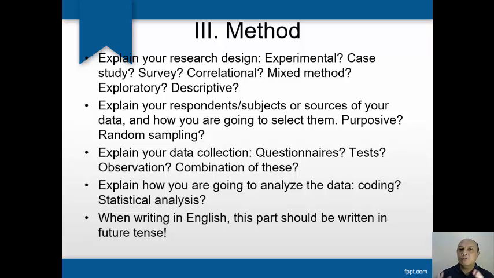And also you have to mention how you are going to select them. Are you going to select them purposefully with certain criteria? Are you going to use random sampling? You have to explain clearly what your subjects, respondents or the objects of your study are, and how you are going to select them.